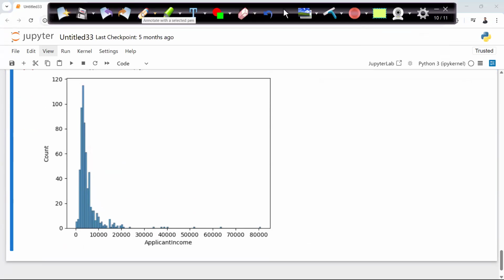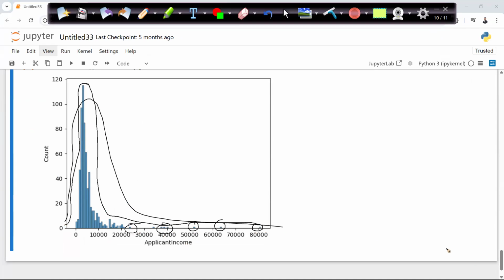I see straight away, this chart is a right skewed chart. Majority of the values are here, but there are some outliers here as well, right? So this is my right skewed chart.